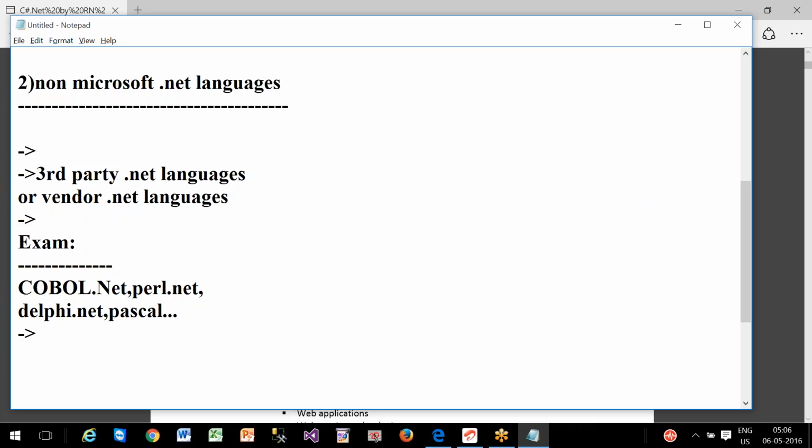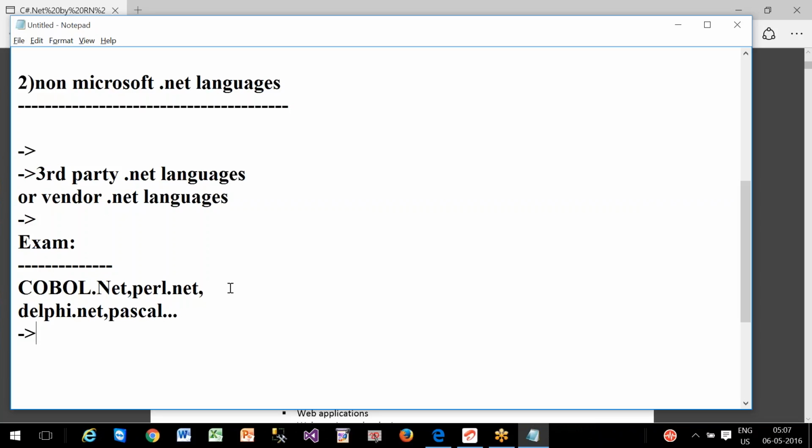For example, if you want to use COBOL.NET, you have to go to the website of the company that introduced the COBOL language and purchase it, likewise Parallel.NET, Delphi.NET. So non-Microsoft .NET language compilers are not inbuilt with the .NET software. If we want to use them, we have to purchase them online from the concerned organization's website. That is the story about non-Microsoft .NET languages.